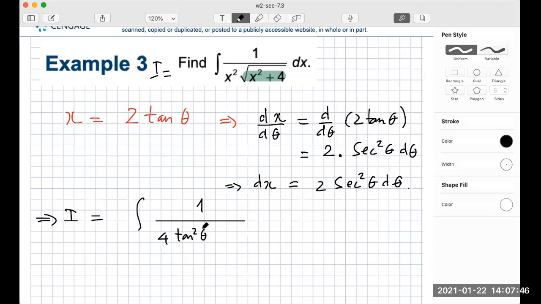Tangent squared theta here, that is the first term, right?